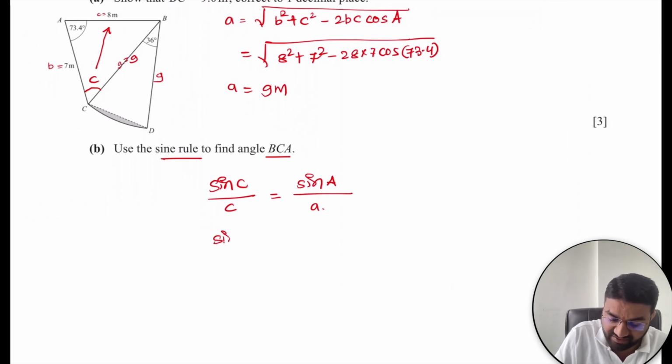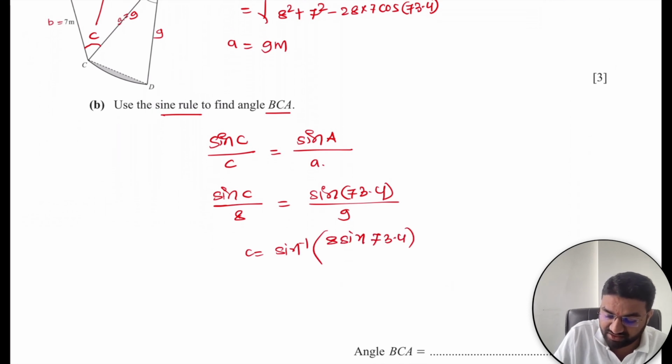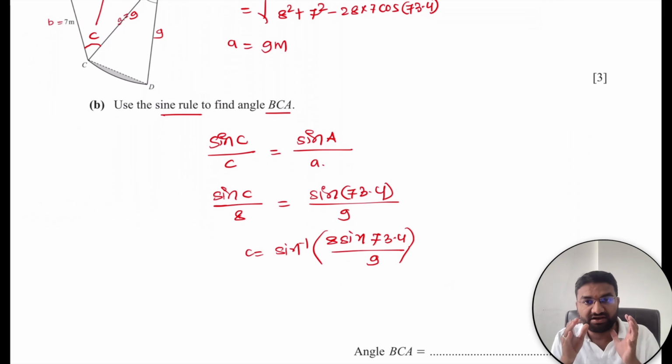So sine of C upon small c, which is 8, is equal to sine of 73.4 divided by 9. Okay, and C is equal to sine inverse of 8 sine of 73.4 divided by 9. Now put all these things in your calculator and check it out.